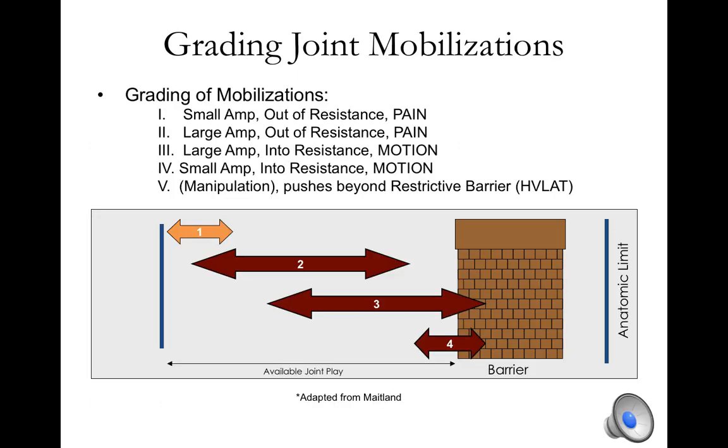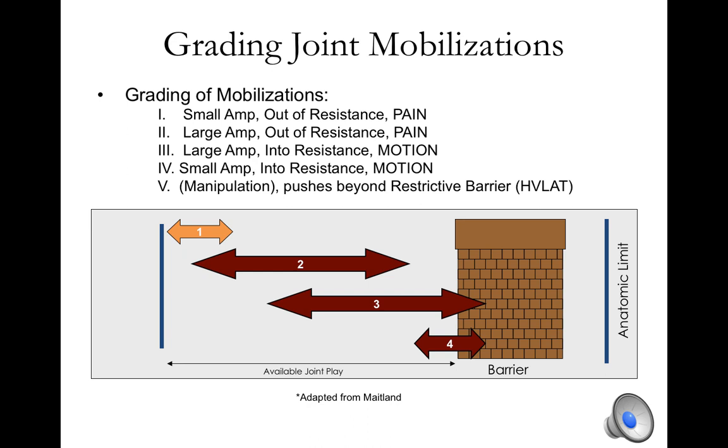Here is another illustration to show you this barrier concept. The barrier concept helps us to understand normal versus abnormal movement. We can see that each joint has a maximal anatomic excursion, and that our functional physiologic movement occurs within that range, with more passive than active motion being available.